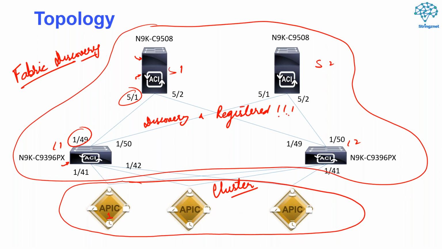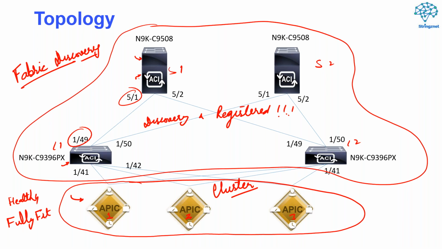And how do we check it? We can log into any of the nodes, and we'll see that node 2 and node 3 with their IP addresses are being discovered and they are in a healthy state, and this is called the fully fit state.